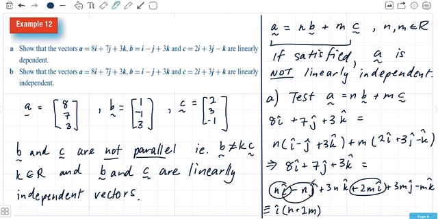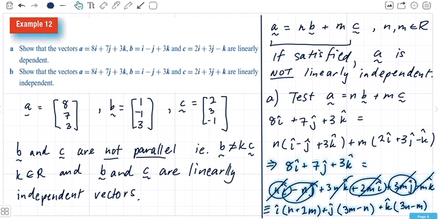The j's together: negative n plus 3m, so 3m minus n. And the k's together: 3n minus m. All I've done there is literally put the equals signs because that is what that is. It's just been factorised. So we can now use that expression to help us solve the equation.